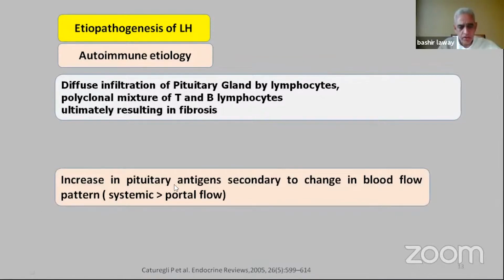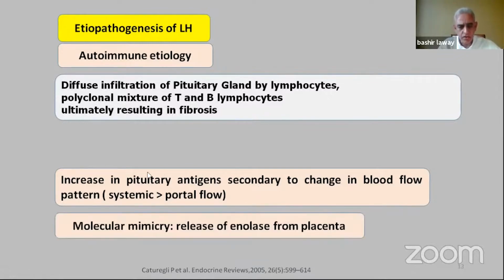Some people say that because of increased blood flow during pregnancy, some antigens may be released from the systemic circulation, and these might lead to antigen antibody formation. Some antigens might be released from the placenta. So these are theories only. Nobody knows what the exact trigger is, or what happens in this lymphocytic hypophysitis.